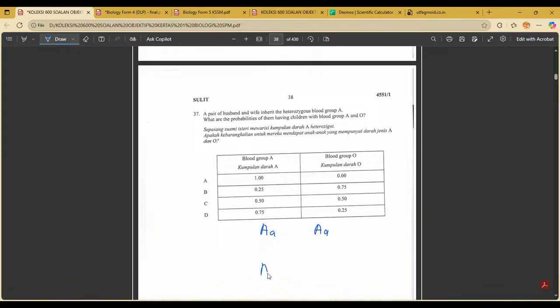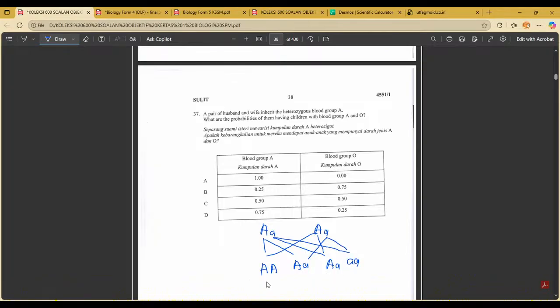It would be capital A capital A, capital A lowercase a, capital A lowercase a, and lowercase a lowercase a.